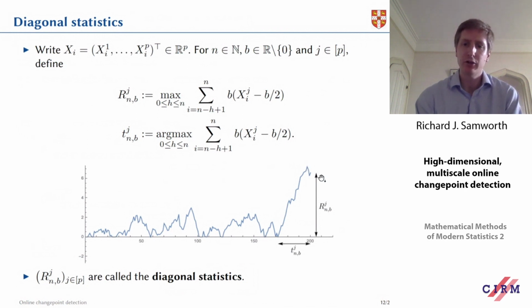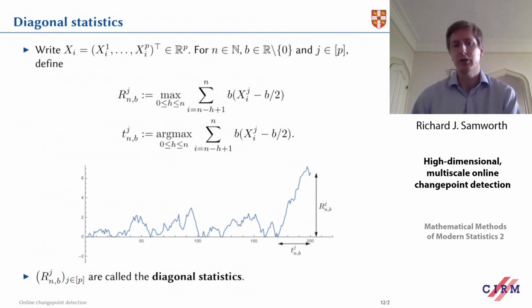But in addition to the vertical height, which is Page's statistic, we're also going to record what we call residual tail lengths. These are the t_n^{b,j}, and that's just the time since we hit the last minimum, since we hit the 0 last.